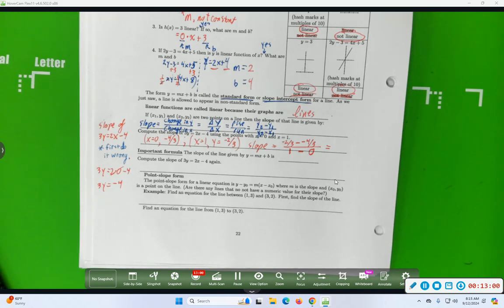How do people feel about simplifying fractions? Anyone want me to do it myself? Cool. Let's do that. Whenever you're simplifying in general, just look at it one piece at a time. So I see some complicated stuff in the numerator. I see some stuff in the denominator.